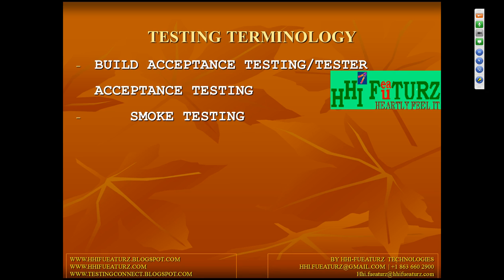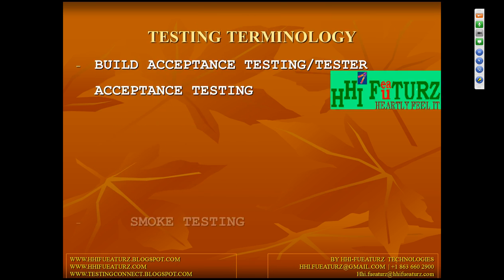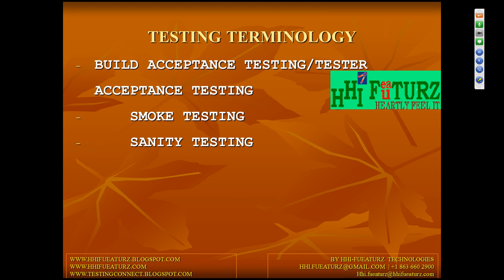You'll come across acceptance testing, and finally you'll come up with another thing, client acceptance testing or user acceptance testing. Acceptance testing has two types: build acceptance testing and user acceptance testing. Build acceptance testing is again divided into two types: smoke testing and sanity testing.